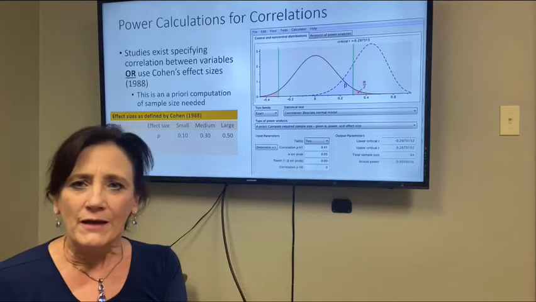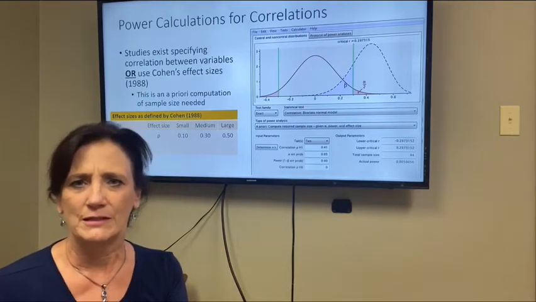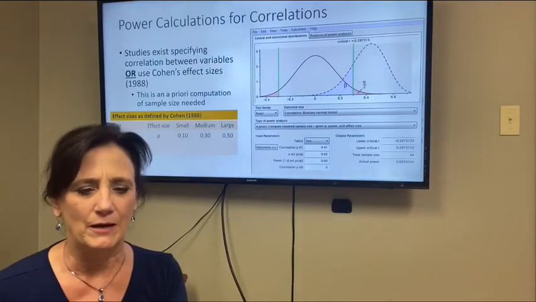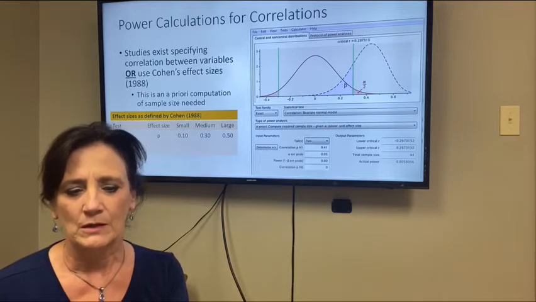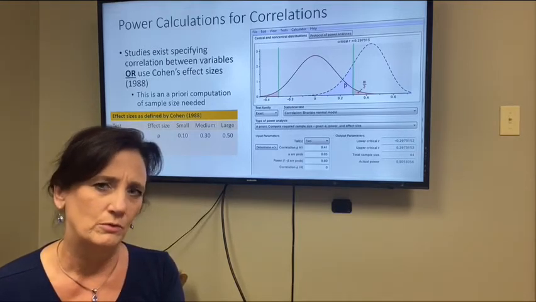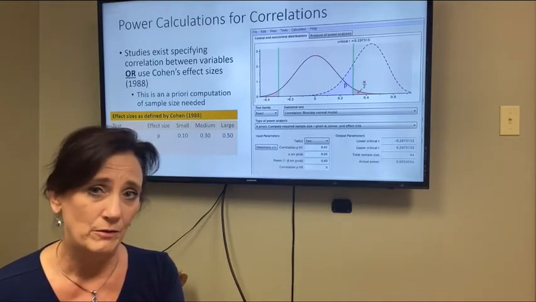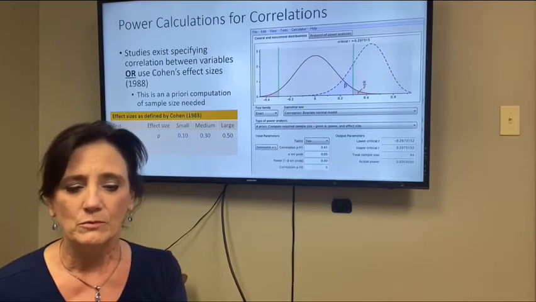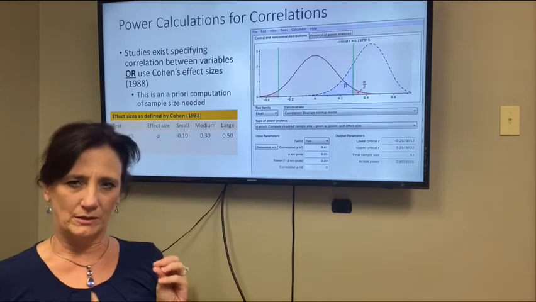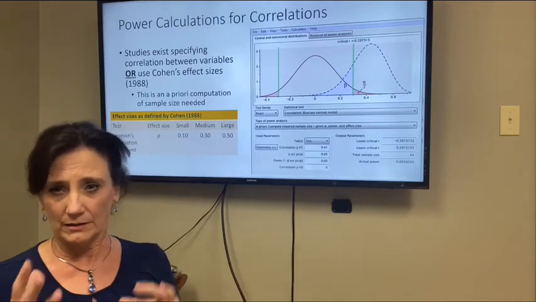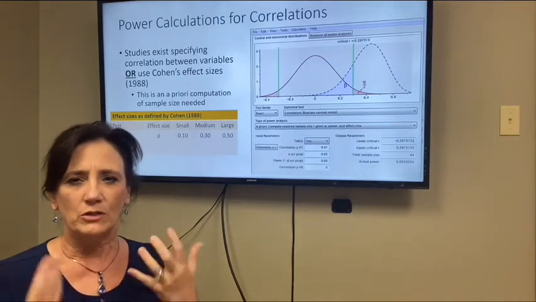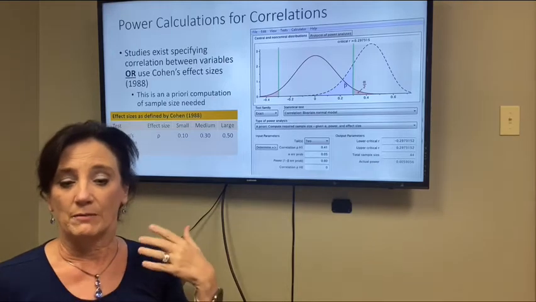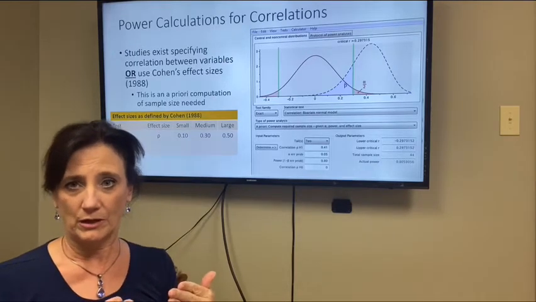All right, so I have mentioned to you in previous lessons that we're going to talk a bit about power calculations. We're not actually going to calculate the power for correlation in this lesson. Instead, we're going to look at the information that is provided on this slide and the next slide, and we're going to talk about what kind of information might be put into a power calculator.